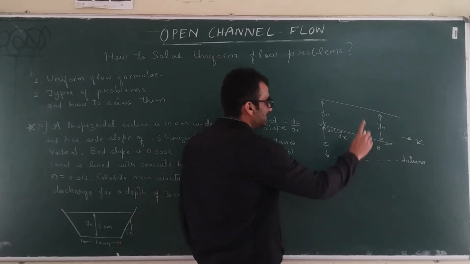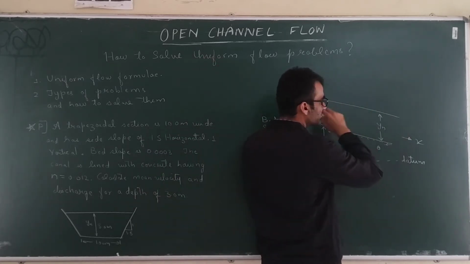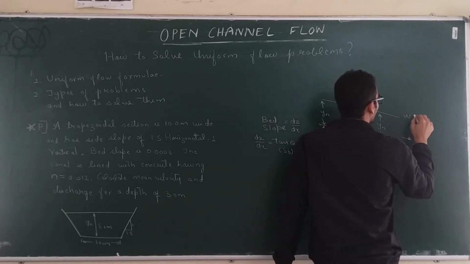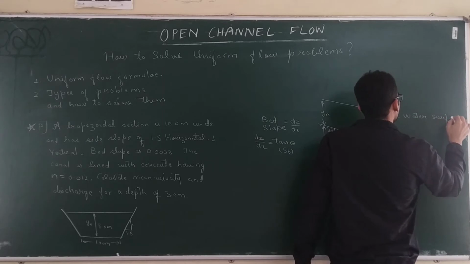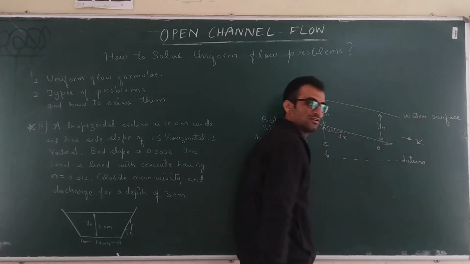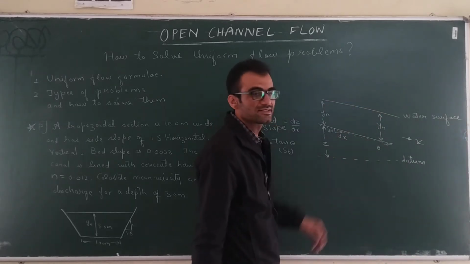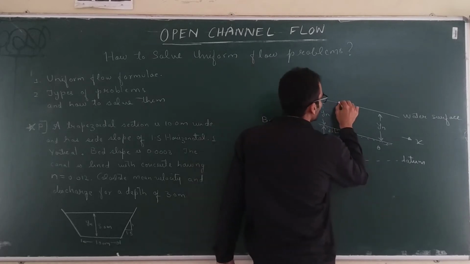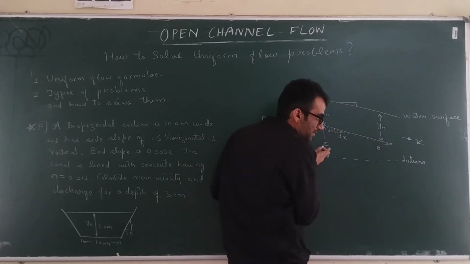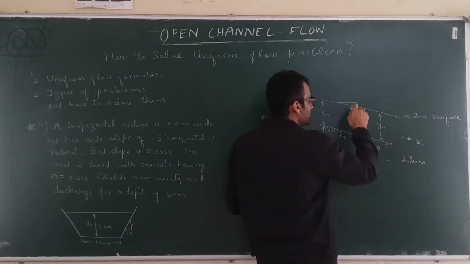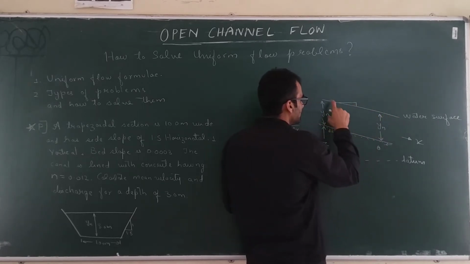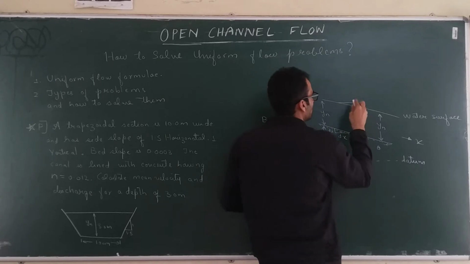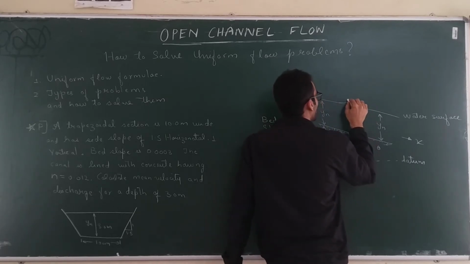Fine. Now see, the water surface is also having some slope. What is that slope? If we move in the flow direction, what is changing for this water surface? The depth. Here we are having dx and this is dy.